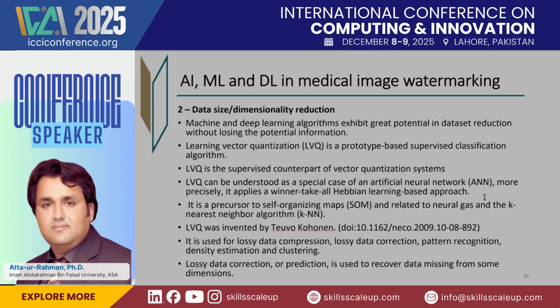It's a precursor of self-organizing maps that are related to neural gas and the k-nearest neighbor KNN algorithm. It was invented by this gentleman. It is used for lossy data compression, data correction, pattern recognition, density estimation, and clustering.